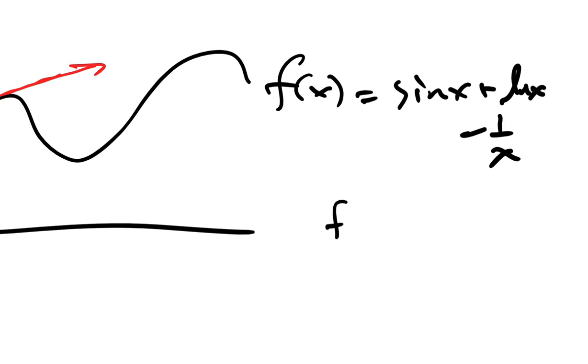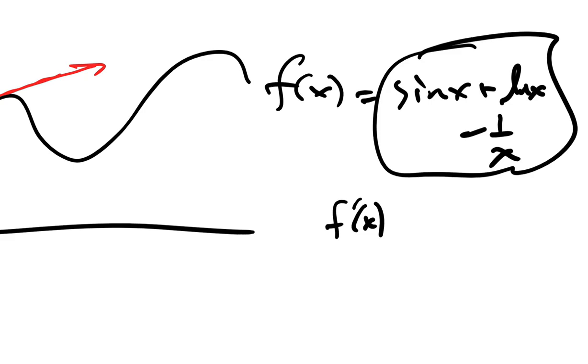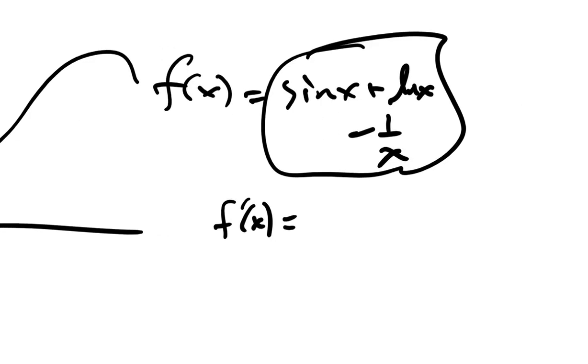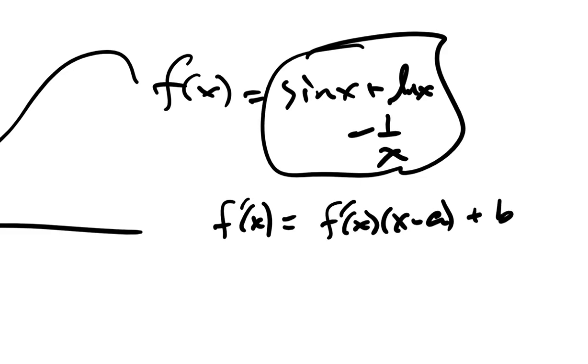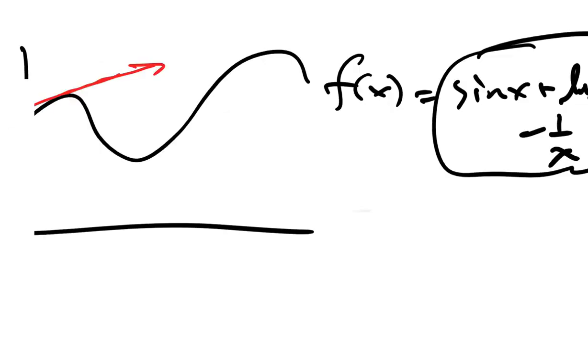What the derivative allowed us to do is to approximate this gross expression with a nice linear approximation. There's another video that talks about the linear approximation, which is basically your derivative times x minus your point, plus your y value. Okay, that's for another day, but let's go back to this.